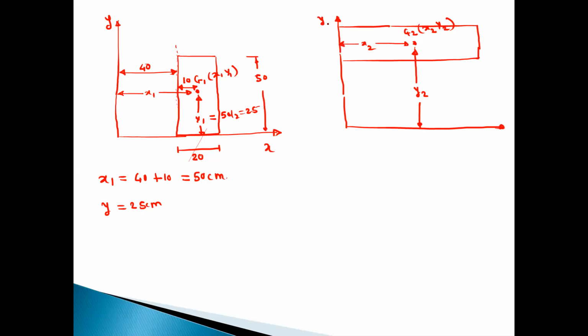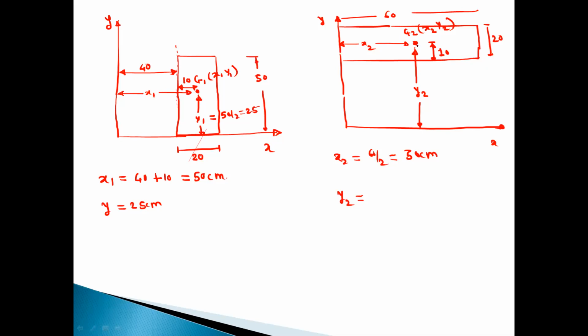Okay. So x2 we will directly get, this is 60 centimeter. So this is 60 by 2, that is equal to 30 centimeter. And for the y coordinate, first find out the position of this y coordinate with respect to this baseline, that is the base of this rectangle. Okay, so this is 20 centimeter, so this will be 10 centimeter.